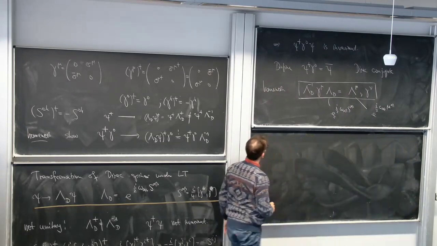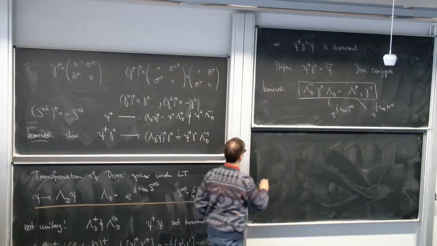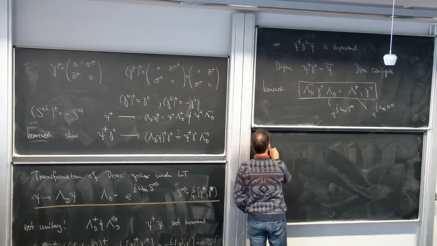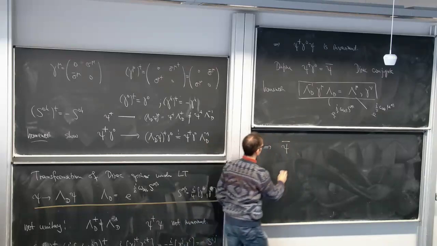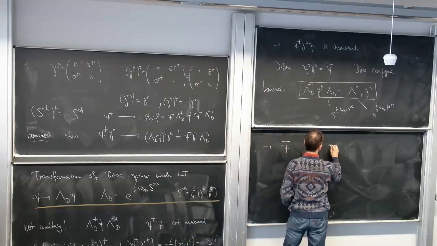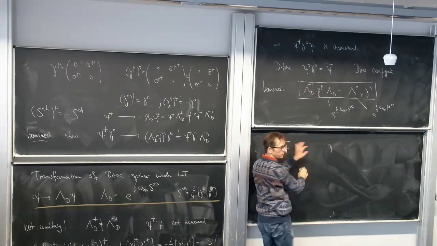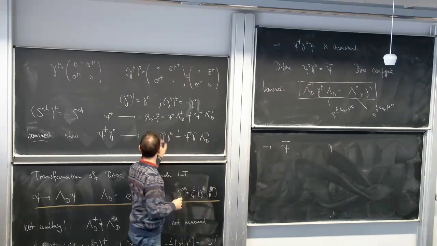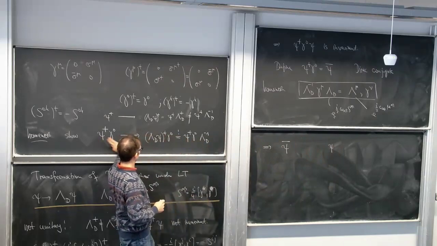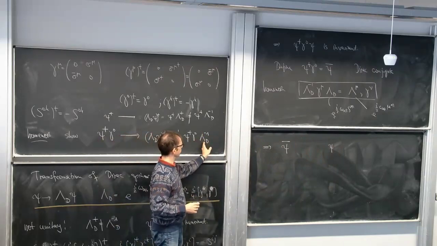And you can use this thing to create. So this identity says if you take your psi bar and, before closing it with another psi, so psi bar psi is invariant, as we said, because psi bar transforms with this inverse.